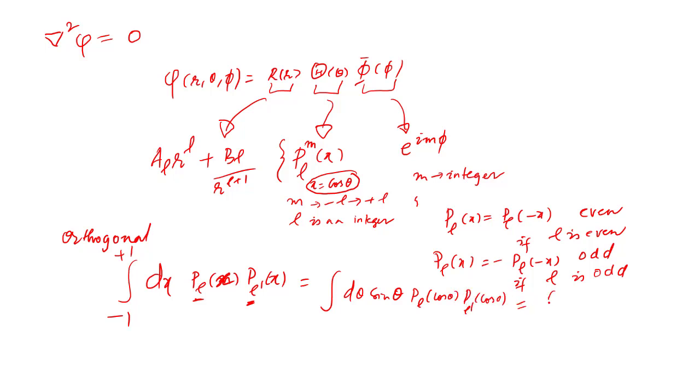We saw that this is equal to 0 if L is not equal to L prime, and is equal to 2 by 2L plus 1 if L is equal to L prime. So that's what we call orthogonal.